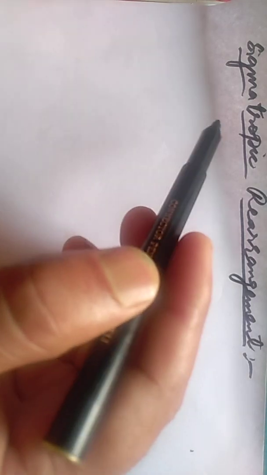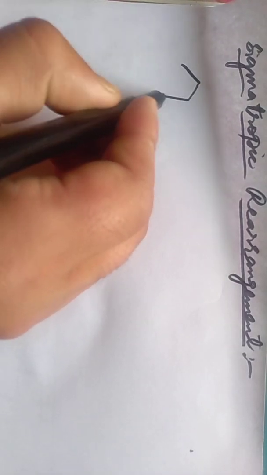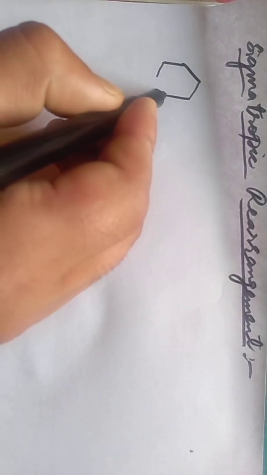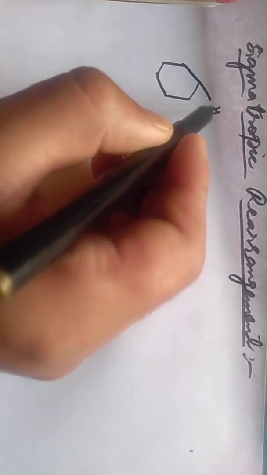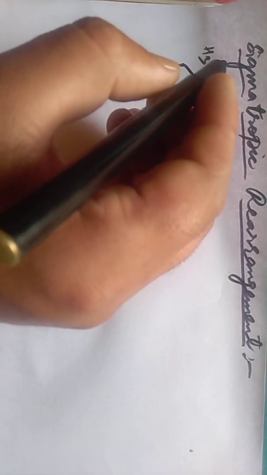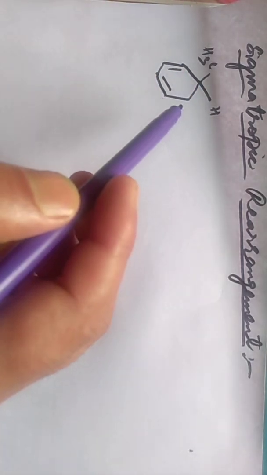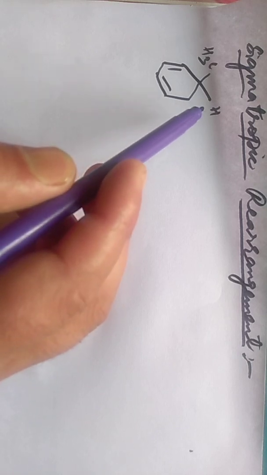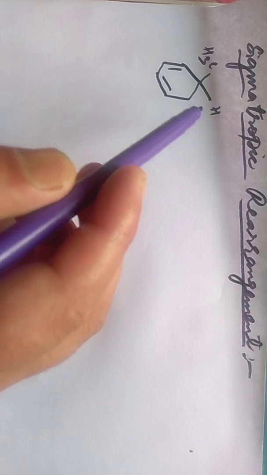So first we start. As I told you already, only the allylic bond breaks or the allylic bond shifts.